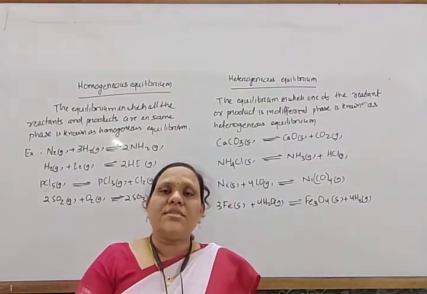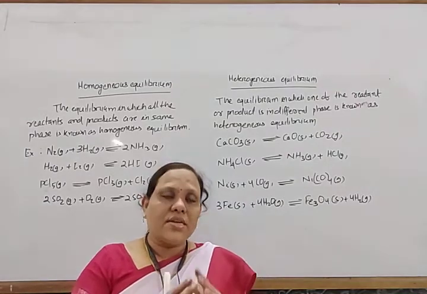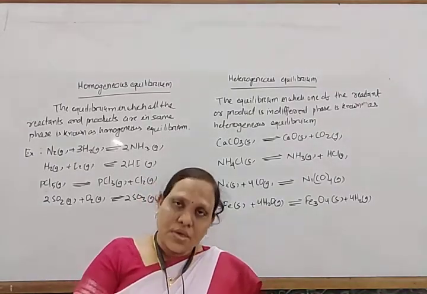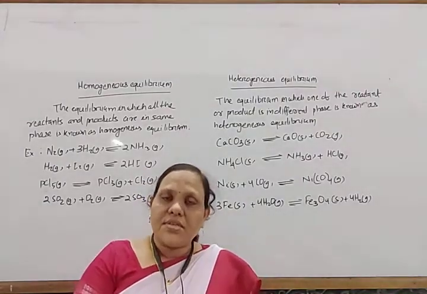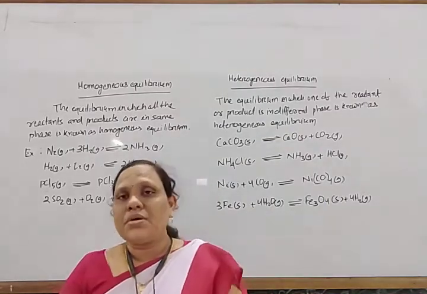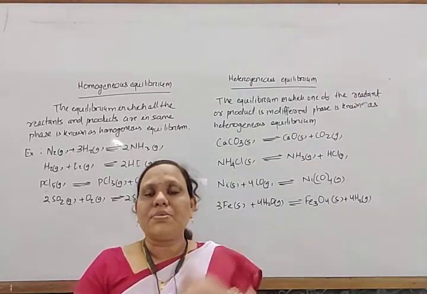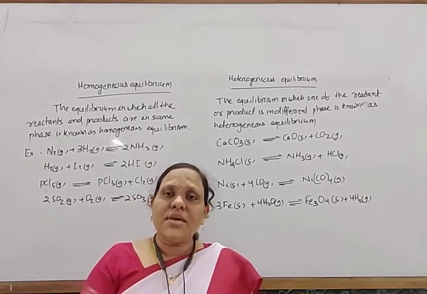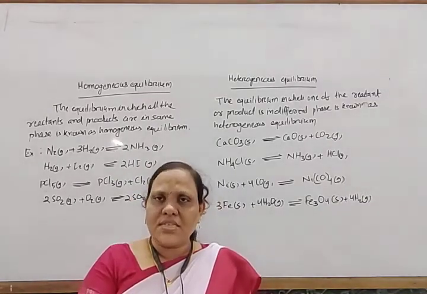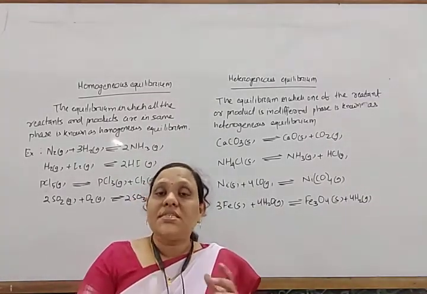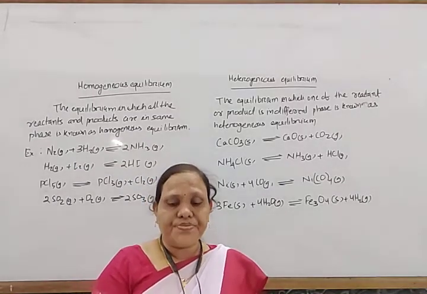The reaction is never static, it never stops. It will continue, but the concentration remains constant. Reactant gives product, product gives reactant, and in this way, in both directions, the reaction is continuing. That's why this is called dynamic in nature.